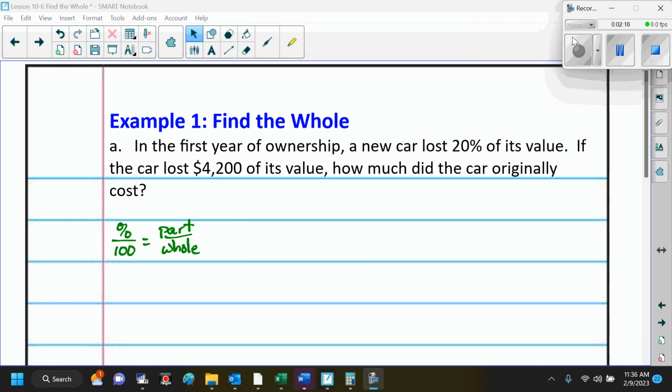And again, with word problems, you don't have to write the entire problem. I just want you to write the important information. So, what is important in this problem? A new car lost 20% of its value. What else is important here?